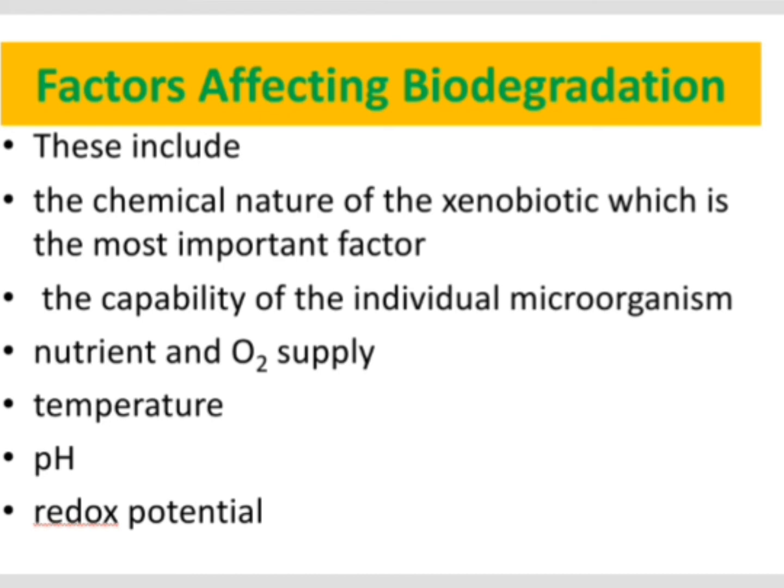The next is the capacity of individual microorganisms. Then nutrient and oxygen supply, then temperature of the environment, pH of the medium, then redox potential. All these factors influence the biodegradation by microorganisms. The most important factor is the chemical nature of the xenobiotic that is to be degraded.